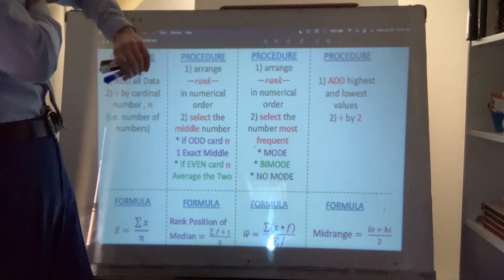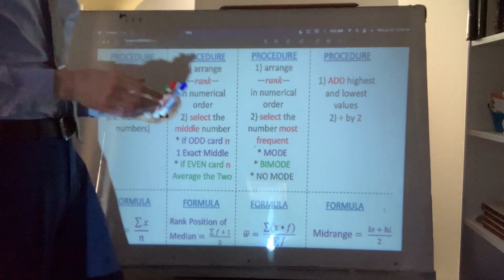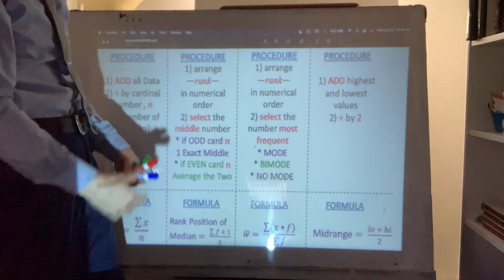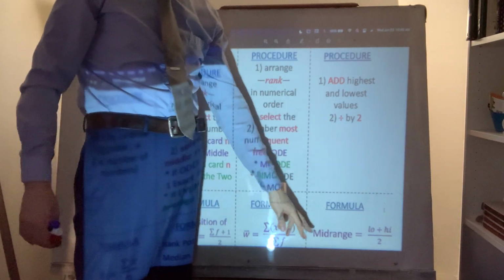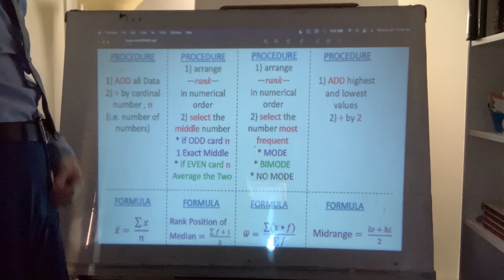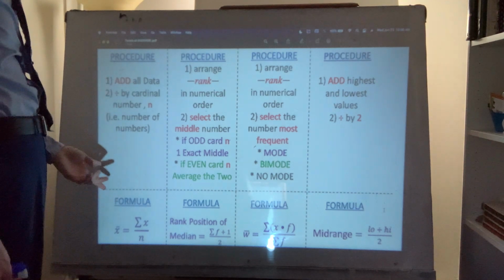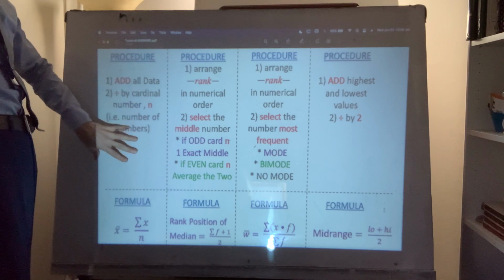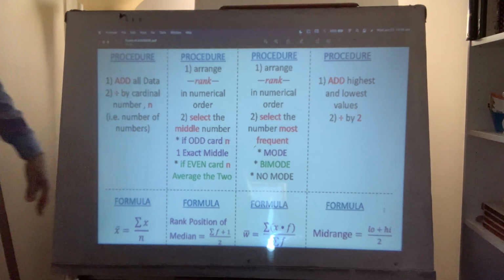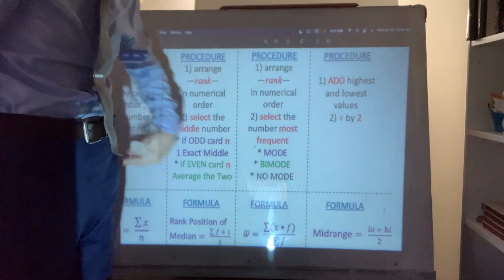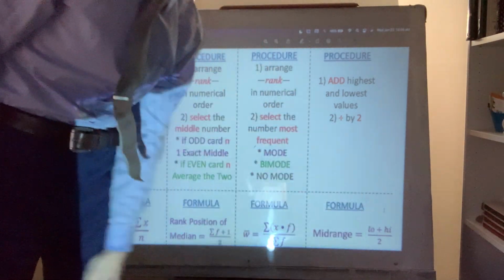If you have data that is basically evenly spread, then this is a quick way to get the average. It wouldn't be, in theory, as accurate. It's not going to match the mean exactly, but it'll be very close to the regular mean. It's called mid-range: low plus high, divide by 2.